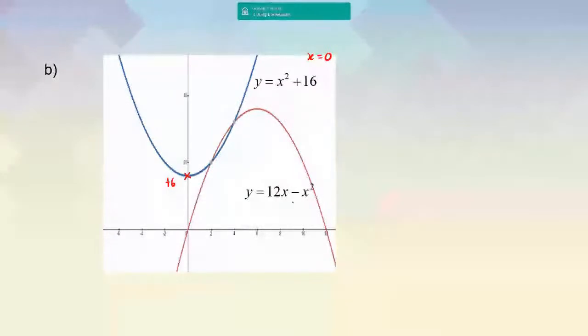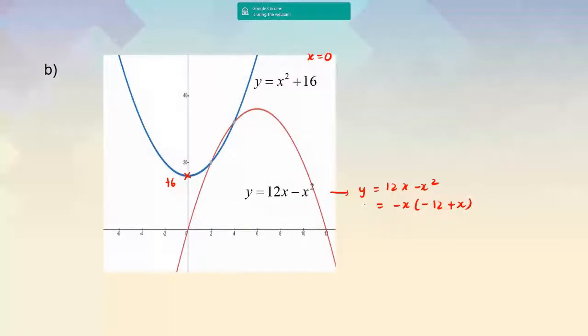Then the another one, we can factor out our function here, y equal to 12x minus x squared. Okay, so if we factor out negative x, we'll get negative x times (x minus 12).